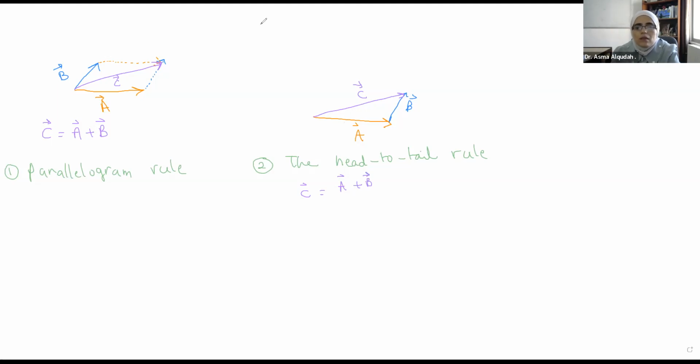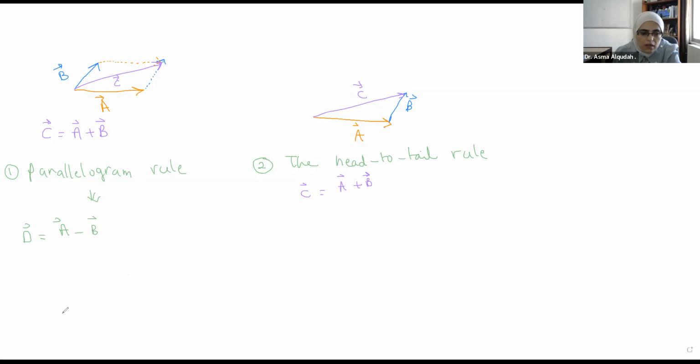Let's do the same with vector subtraction. First, we start with the parallelogram rule. We want to find D equals A minus B. So we start with the parallelogram rule.